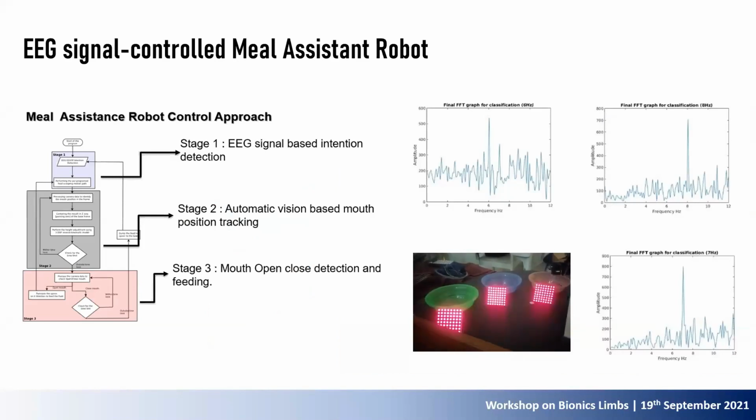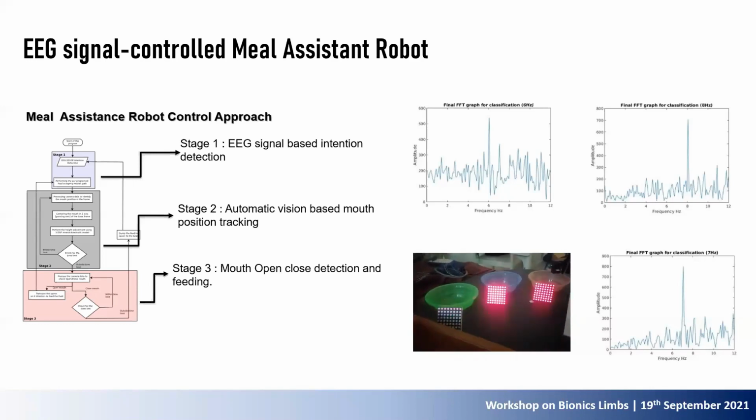And then to control this meal assistant robot, we use a 3-stage approach. In the first stage, we use an EEG-based intention detection system to detect the desired food of the user. For that, we simply place 3 blinking LED panels in front of the user, and we ask the user to stare at a particular LED panel to select the food that he wants to eat.